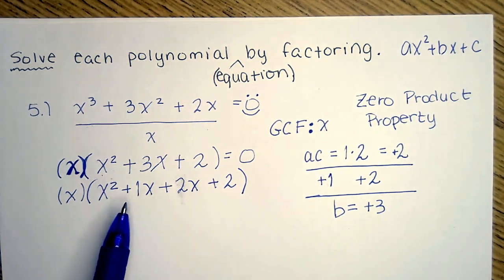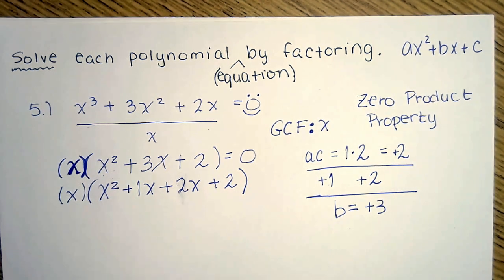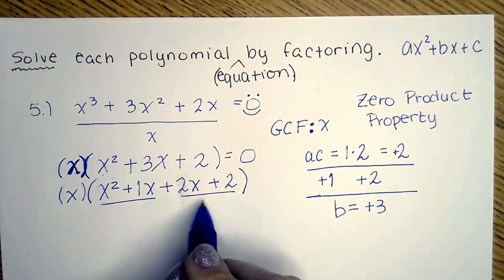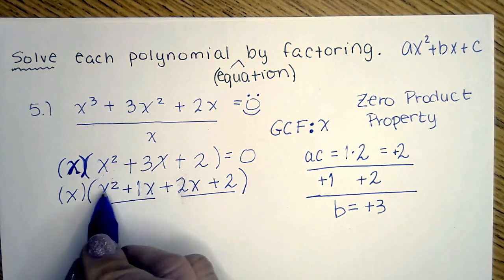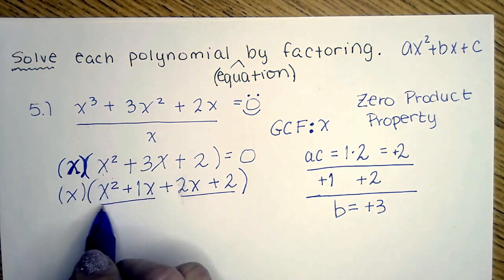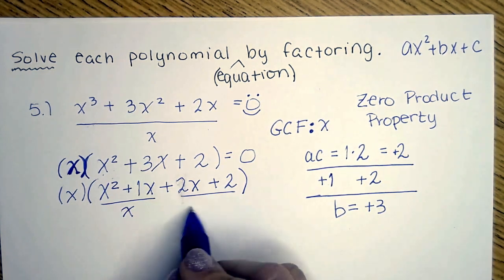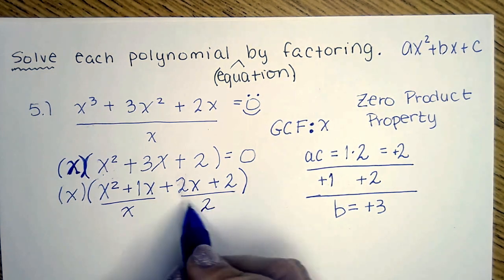Now that I'm fully pushed into the AC method over here, I can now use another method technically. What method can I use? Grouping. Underline, underline, greatest common factor. What's the greatest common factor over here? Gabby, you know this one? X. What's my greatest common factor over here, JR? 2. But with the 2, I put plus or positive.